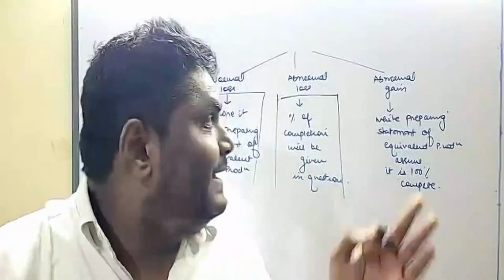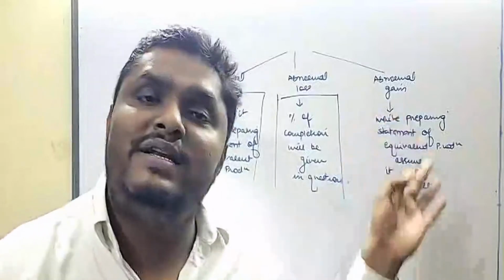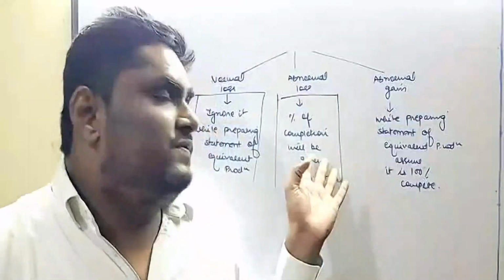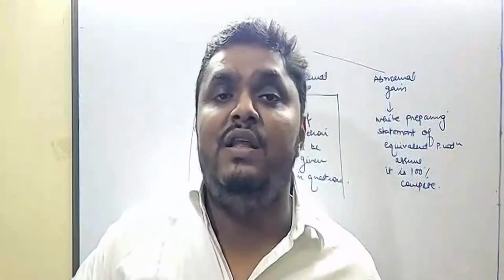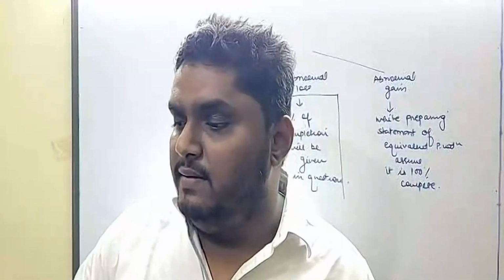Abdul, abnormal gain, we will assume that it is 100% complete. But as far as abnormal loss is concerned, the instructions are always given in the question ki kitna percent complete hai.